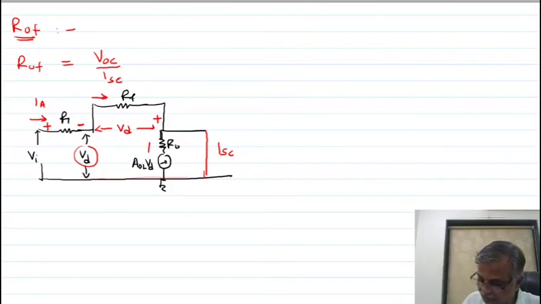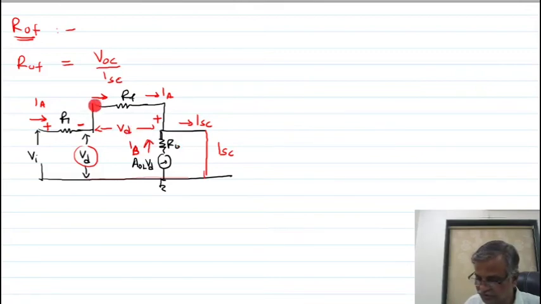So this current will flow in this direction. Let me say this is your IB, this current is IA, so this current is the short circuit current. This is a plus, I have written minus, so this terminal is nothing but this terminal, can you see here? That's why instead of this VD I have shifted it here.